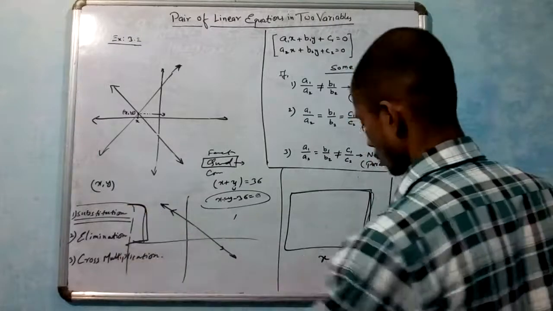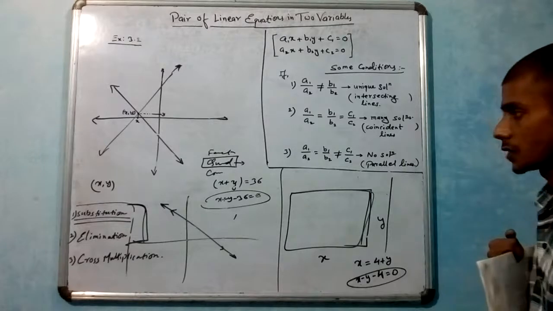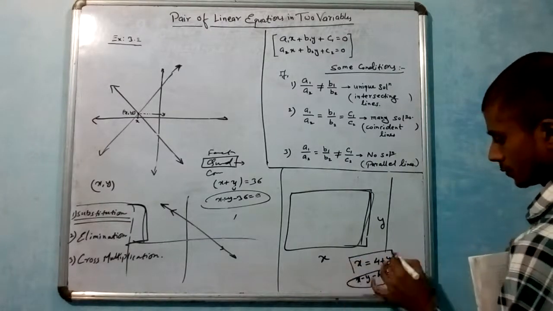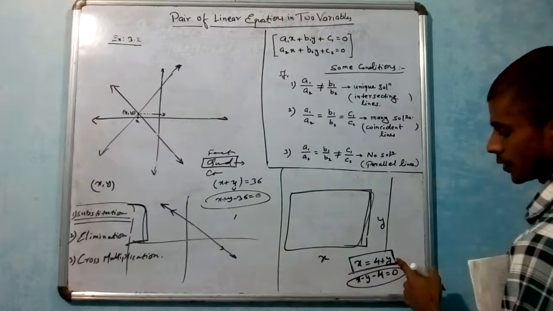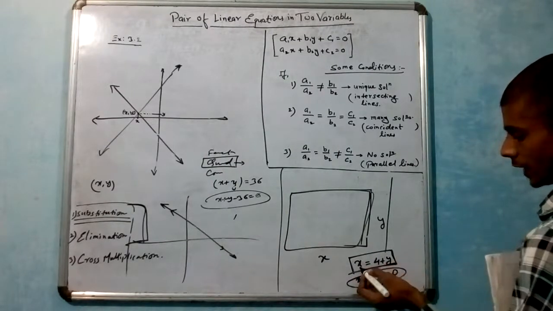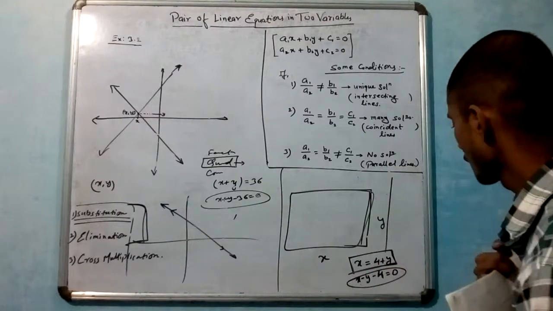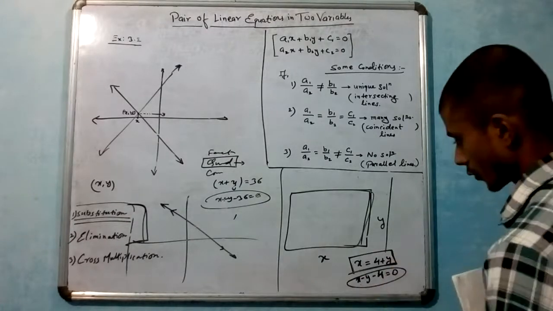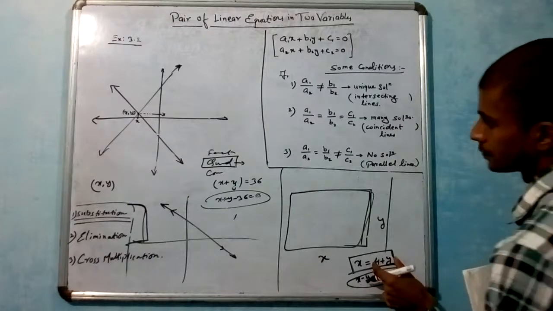Now, substitution means what? From one equation you get one variable in terms of the other. What I did, I got x in terms of y: x is equal to 4 plus y. Now in the second equation, in place of x, I will substitute 4 plus y.